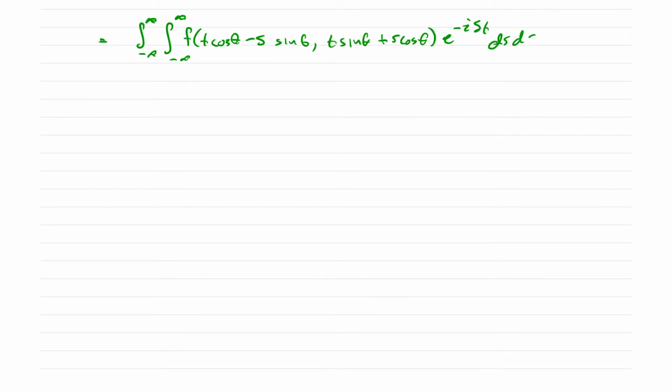So what do we get? This changes to being equal to the integral from minus infinity to infinity, integral from minus infinity to infinity, of f of (t cosine of theta minus s sine of theta, t sine of theta plus s cosine of theta), which is just plugging in x and y, times e to the minus i s t, ds dt.